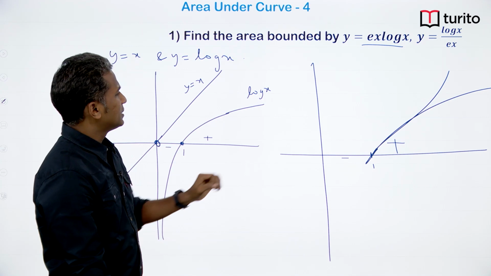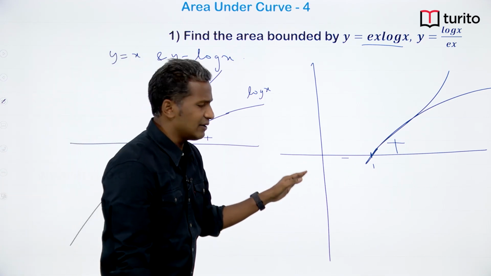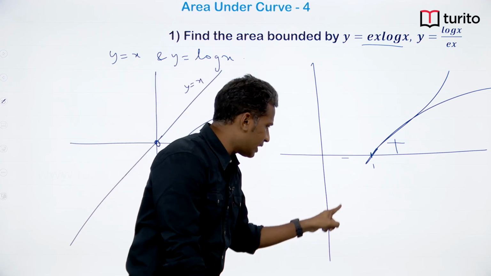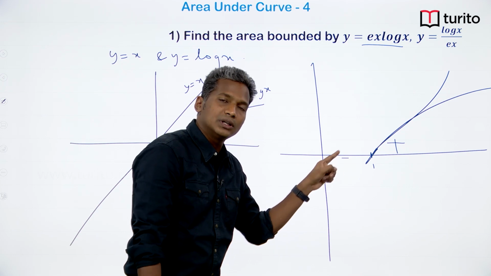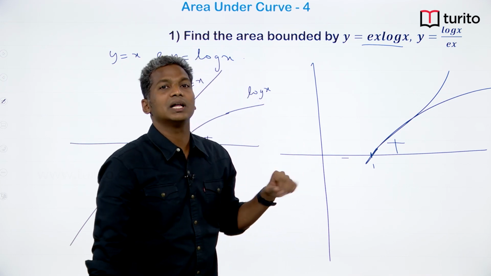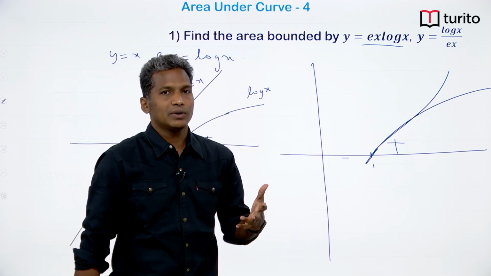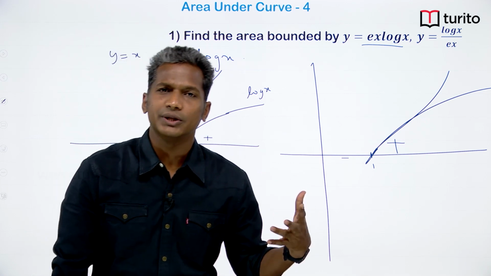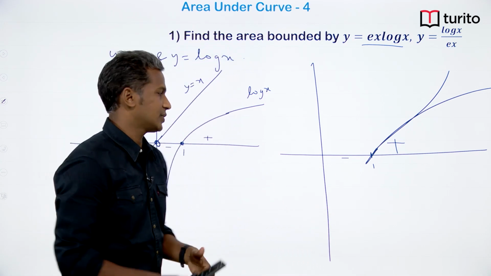Next, on the left side, whether the graph will tend to minus infinity here or it will turn back and tend to 0, we have to verify by checking the value at x equal to 0. But if I put x equal to 0, this function is not defined. Hence we need to take a limit and observe.